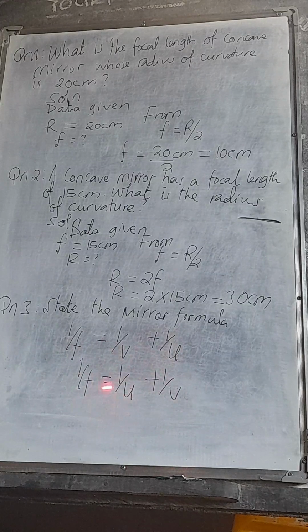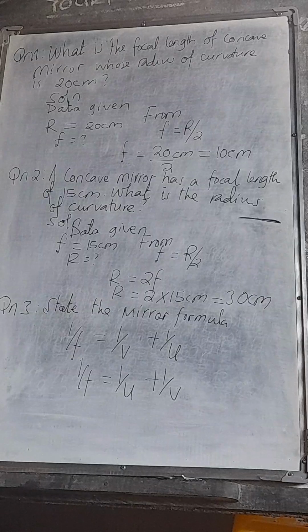It is a very important formula, which governs almost all types of mirrors: 1 over f is equal to 1 over u plus 1 over v. Congratulations to those who pointed out the correct answer, and this proves that you are more competent in physics.